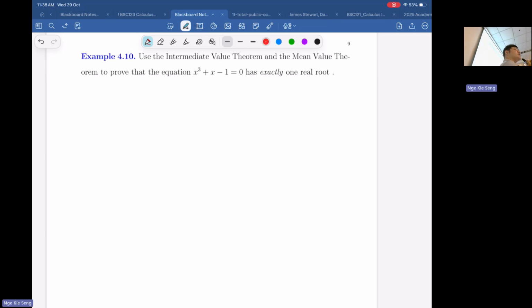Is the left-hand side a function? x cubed plus x minus 1. Is it a function? A polynomial function, right? Continuous or not? Continuous, right? But now you need to determine some closed interval to work.